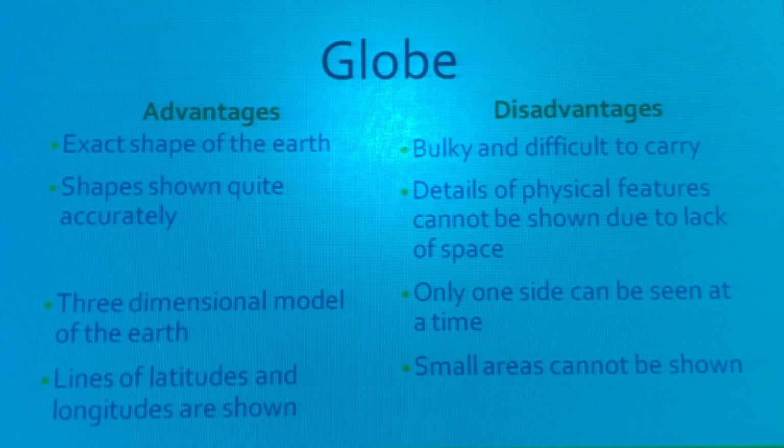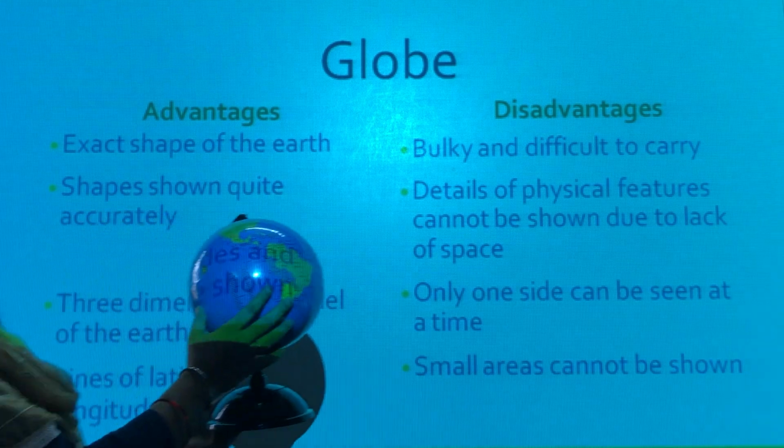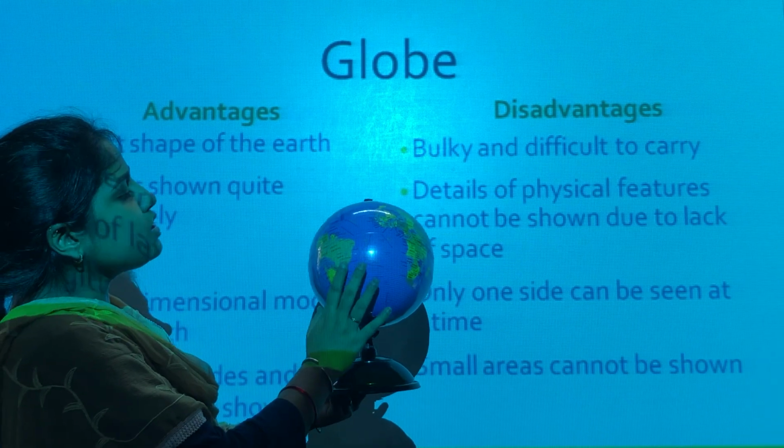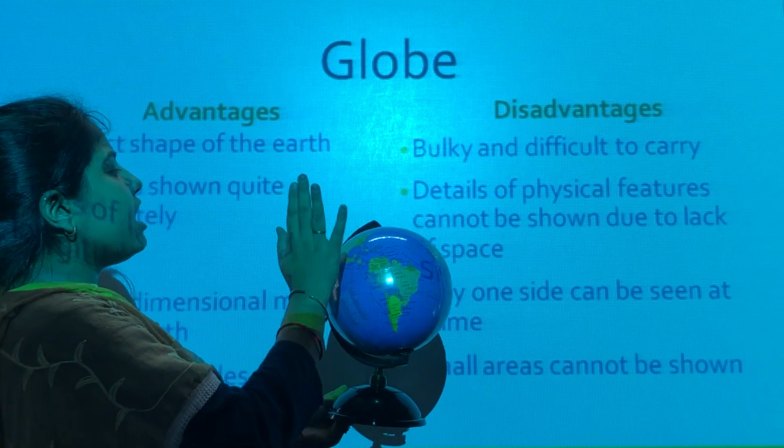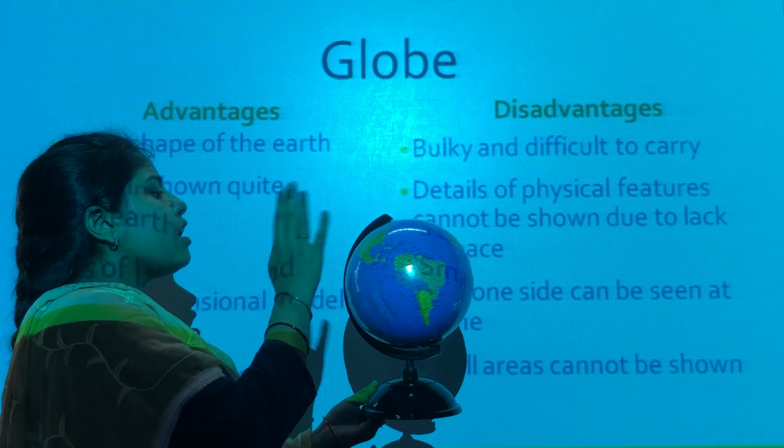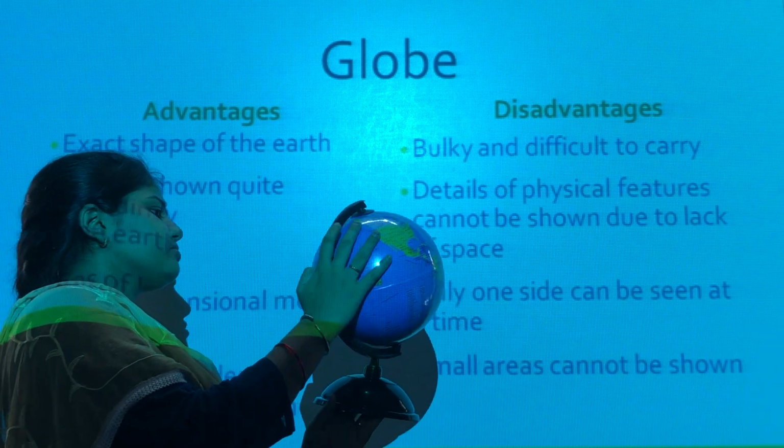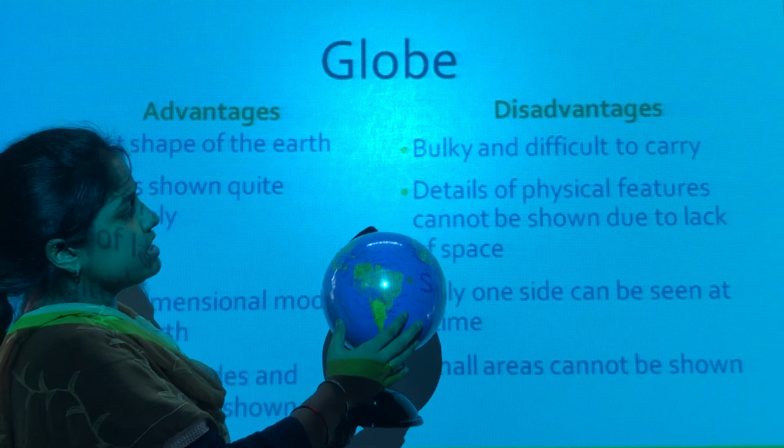The details of physical features, that is landforms or towns, cannot be shown on a globe due to lack of space. Only one side or part of the globe can be seen at a time. See, if I show you the parts of South America and North America, the parts of Asia cannot be seen.